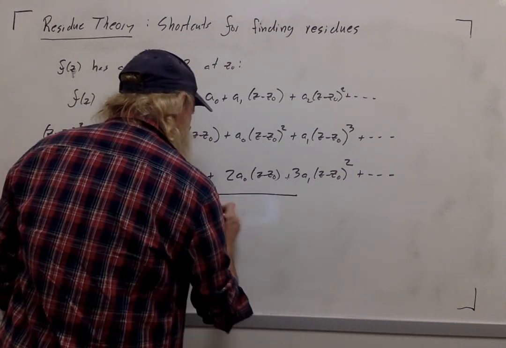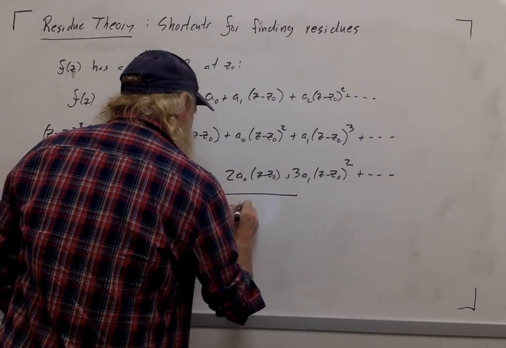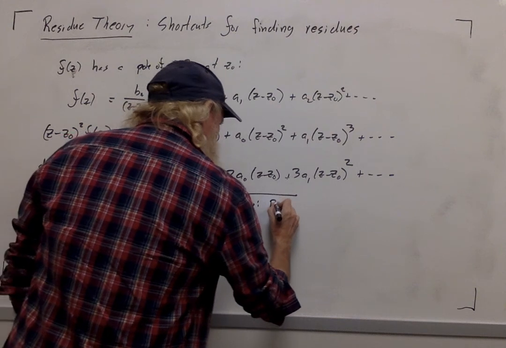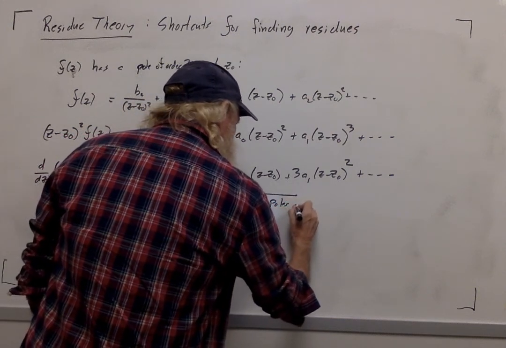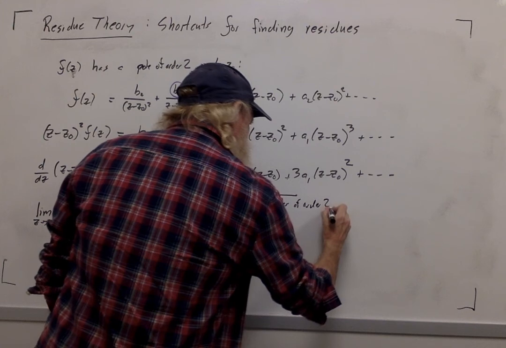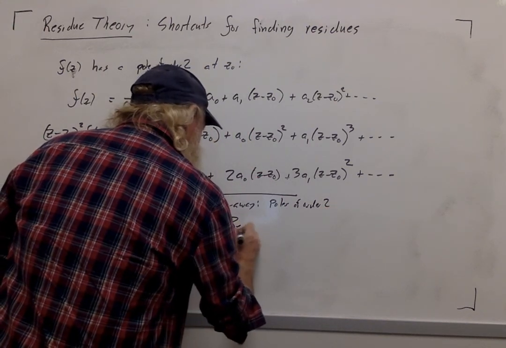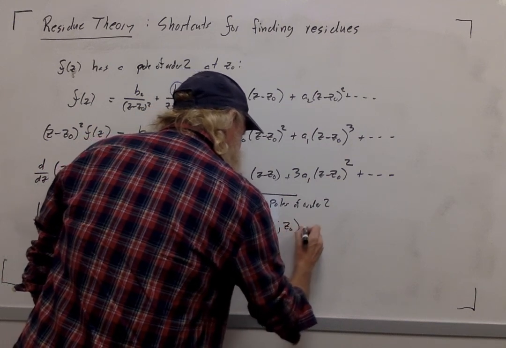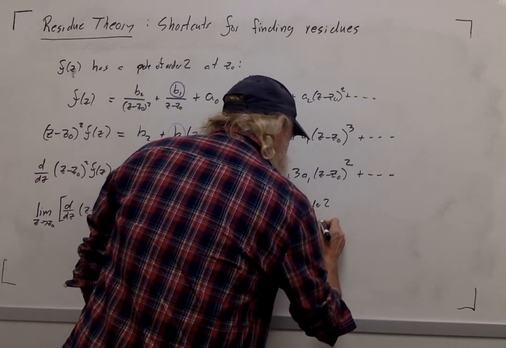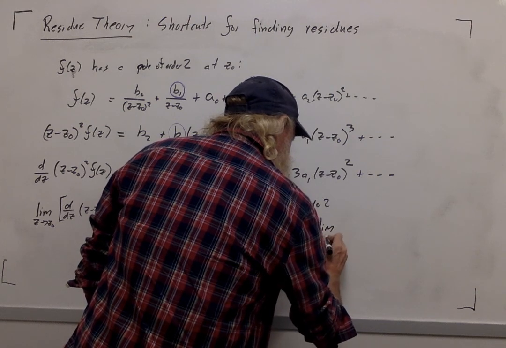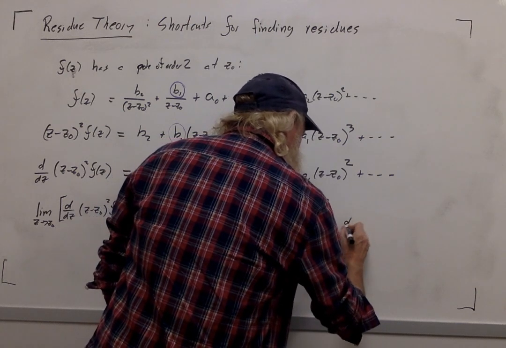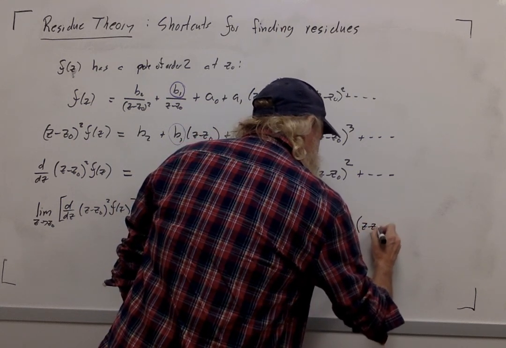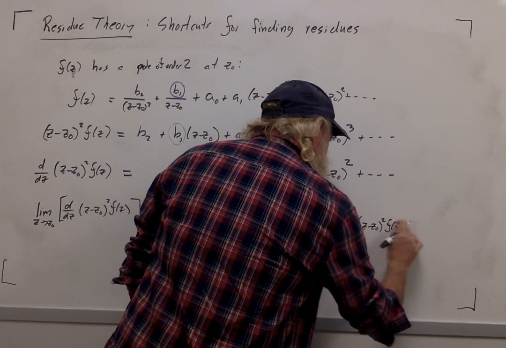So the takeaway here is going to be that for poles of order 2, the residue of f of z at z naught is going to be the limit as z tends to z naught of the derivative with respect to z of z minus z naught squared times f of z.